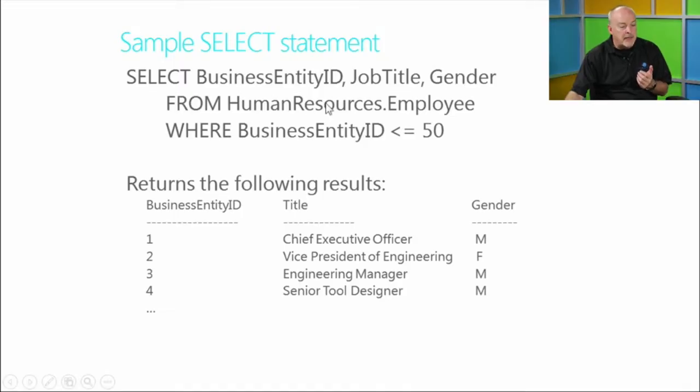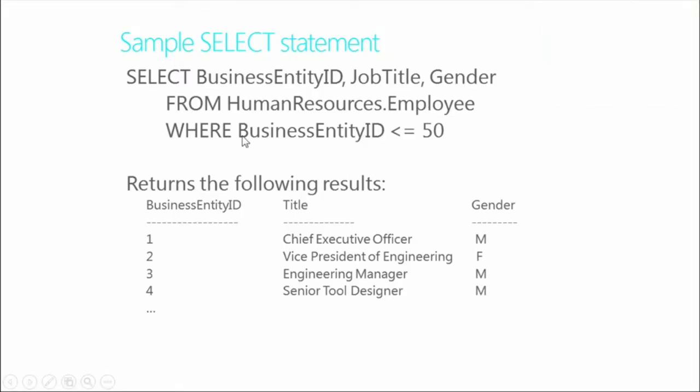And instead of dumping everything out from the employee table, we said where business entity ID is less than or equal to 50. So we're supplying a where clause saying I want to see everything from 1 to 50. And this is what I want to see: I want to see job title, and I want to see gender. So we're specifying the actual columns and we're specifying the rows. The rows are driven by the where clause. The columns are specified right after the select clause as to what columns you want to see.